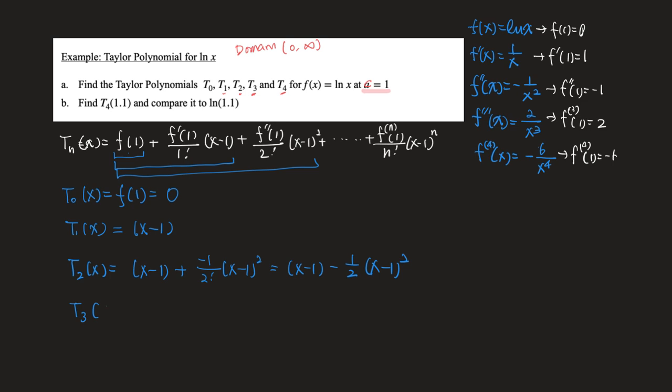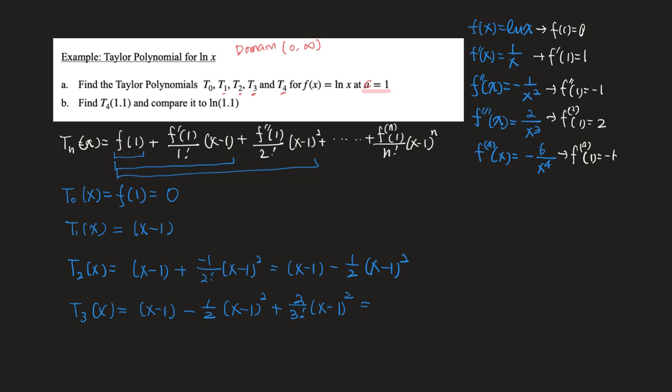What is the degree 3 polynomial? You need terms up to degree 3, which means you add one more term. x minus 1 minus 1 over 2 times x minus 1 squared plus the third derivative, 2 over 3 factorial, times x minus 1 cubed.